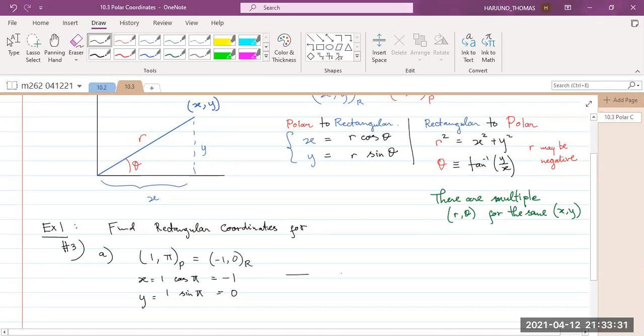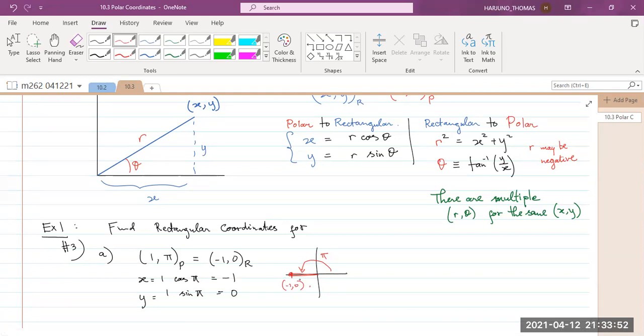Actually, you can just look at the coordinate system. The angle is pi. The distance from origin is 1. Right? So the coordinate here must be -1 comma 0. Happens to be a nice angle. Now from here we see that if we have polar coordinates, the rectangular coordinates are unique.